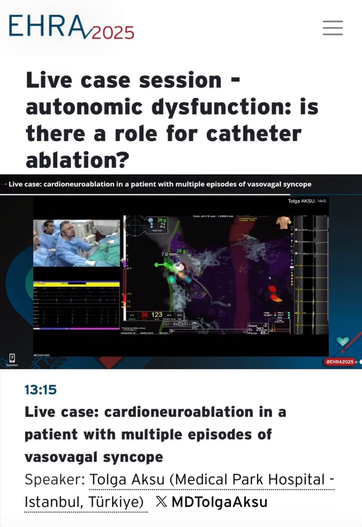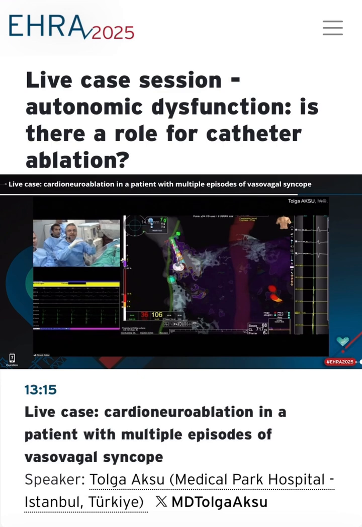Look at that. We just performed one RF point and now heart rate is 84 BPM level. So now if I use extracardiac vagal stimulation after just one RF point, I can eliminate this vagal stimulation response. Why? Because now we just ablated parasympathetic fibers to the sinoatrial node.